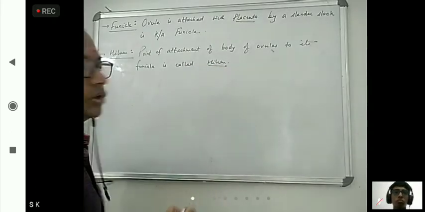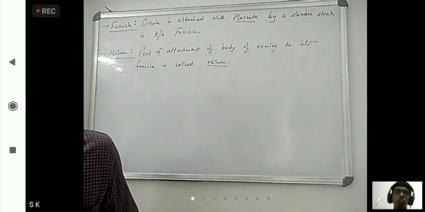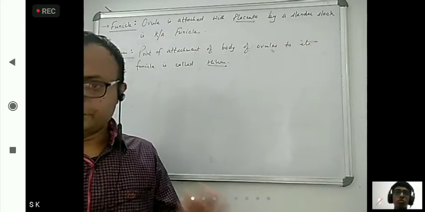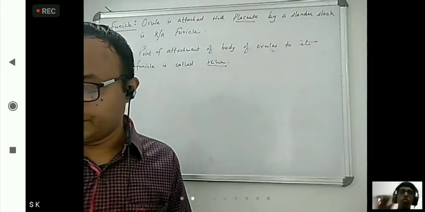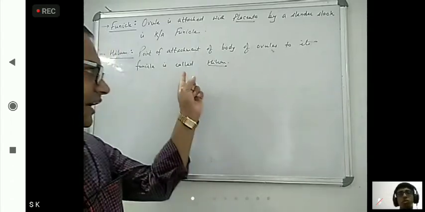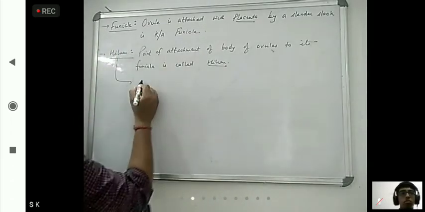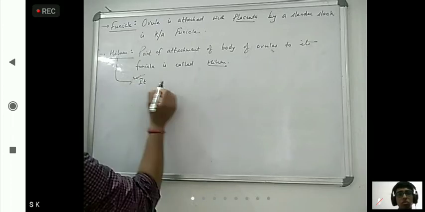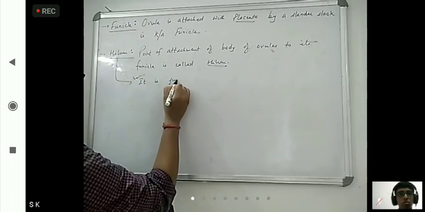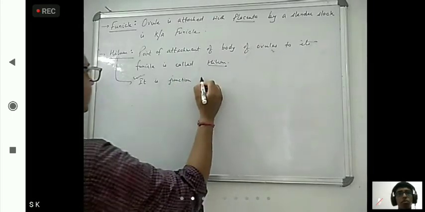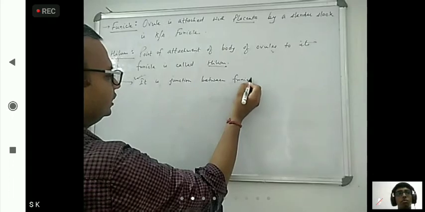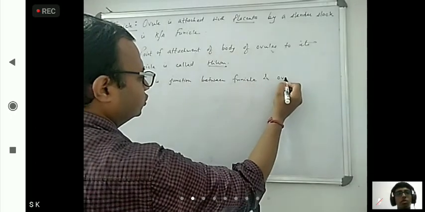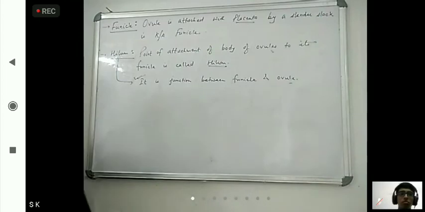Now if a question comes, which is known as the junction between ovule and funicle, what will that be? Hilum. So also we can say, junction between funicle and ovule is hilum.